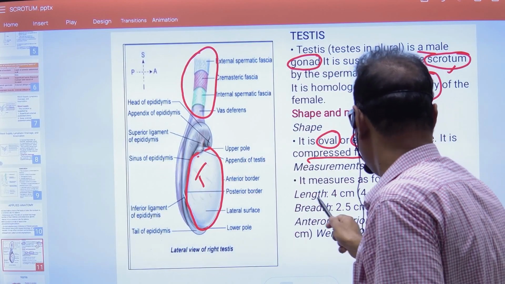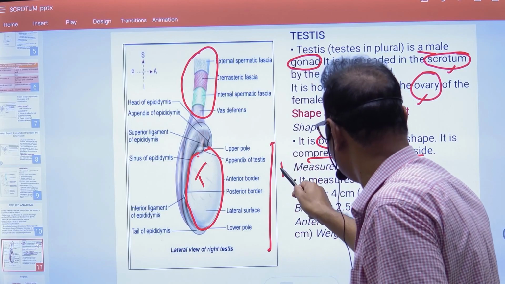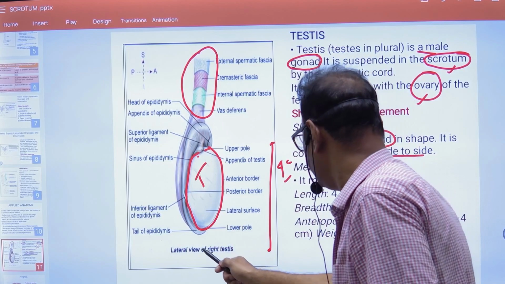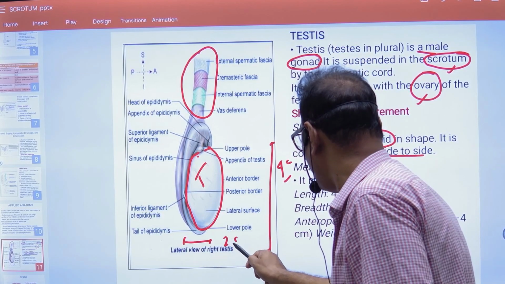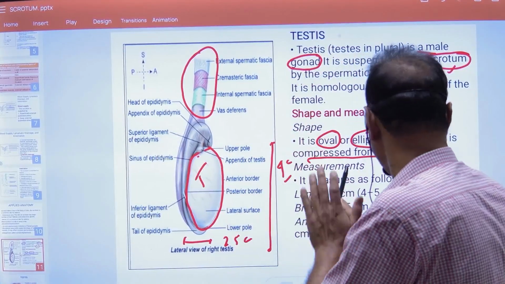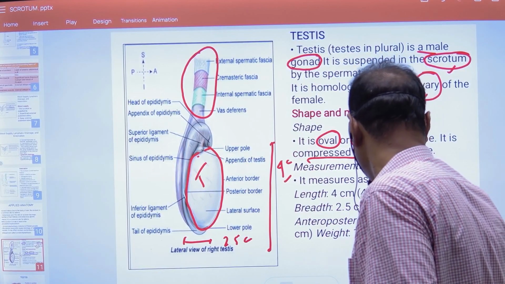Its measurement: length, this one, this could be 4 centimeter. Its breadth is 2.5 centimeter, anteroposterior diameter is 3 centimeter, and weight is 12 to 20 gram.